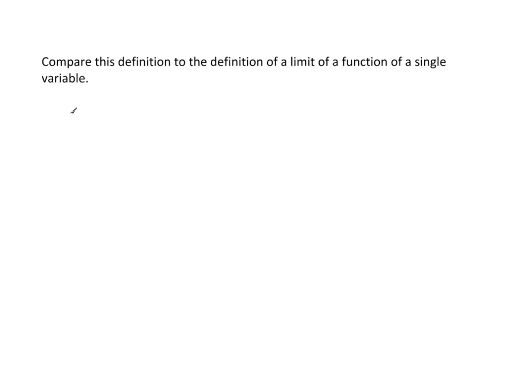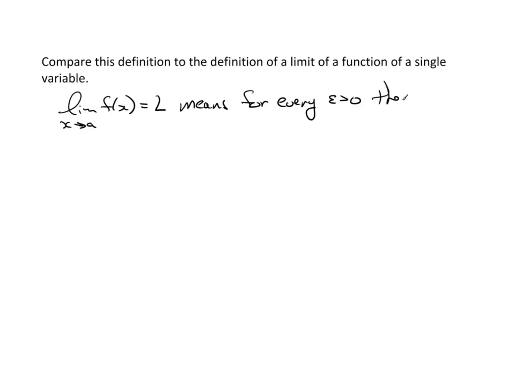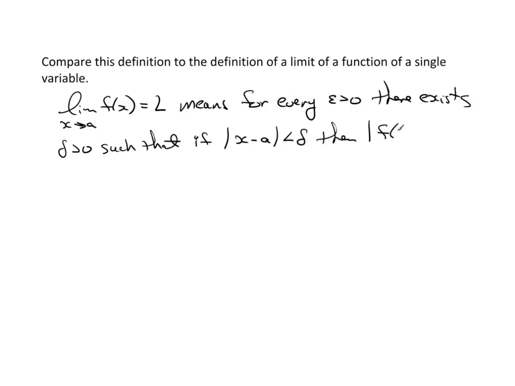Now compare this definition to the definition of the limit of a function of a single variable. This definition simply says that the limit as x approaches a of f(x) equals L. What this means is that for every epsilon greater than 0, there exists delta greater than 0 such that if the absolute value of x minus a is less than delta, so I'm within delta of a, then the absolute value of f(x) minus L is less than epsilon.